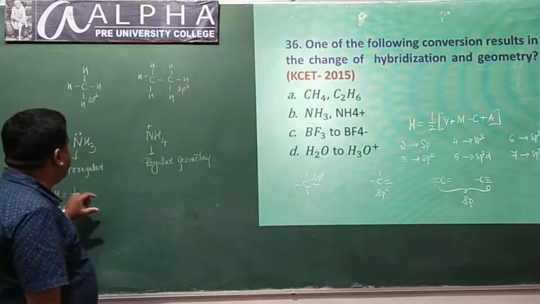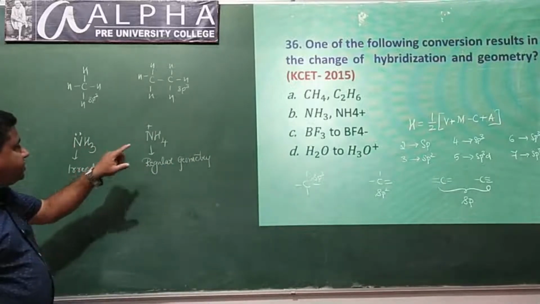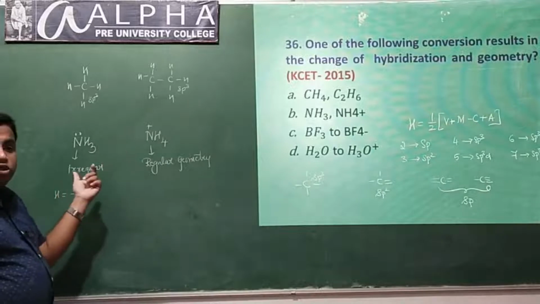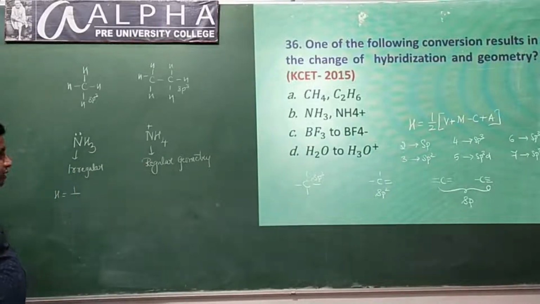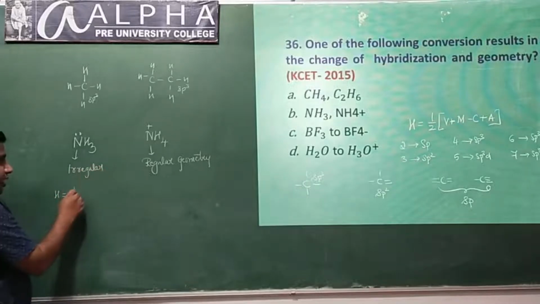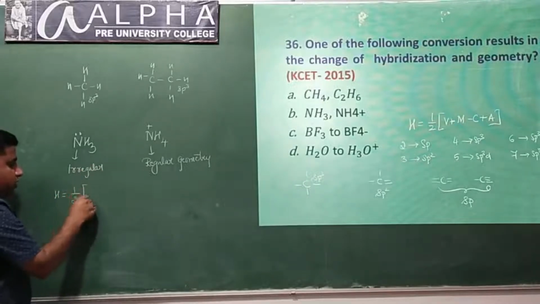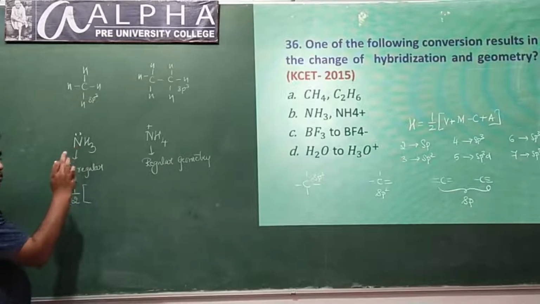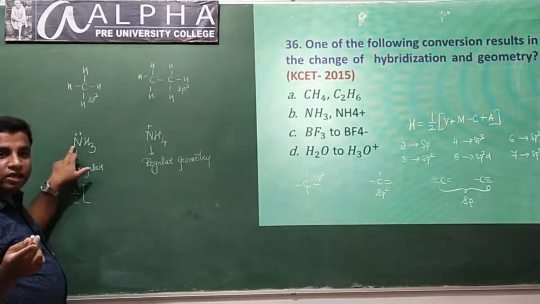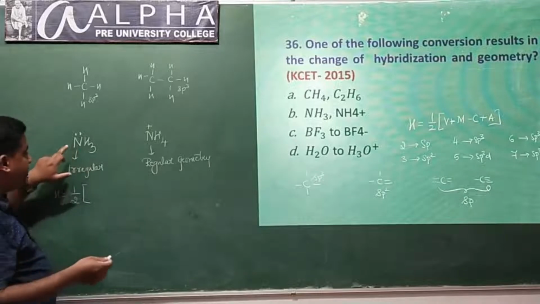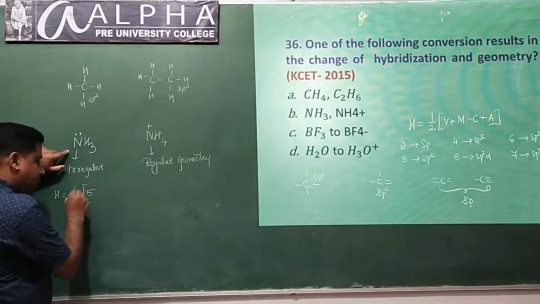So let us calculate the hybridization of this nitrogen and this nitrogen. Anyhow, they don't have the same geometry; one is regular geometry and the other is irregular geometry. Nitrogen is in the 15th group, which means 5 valence electrons.